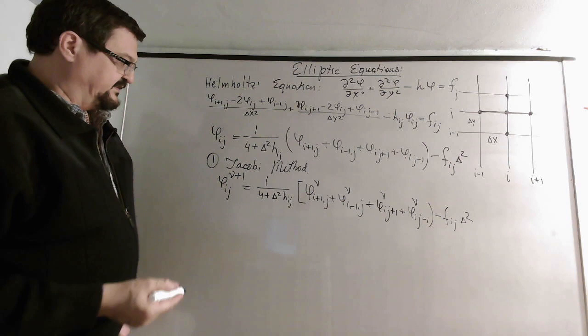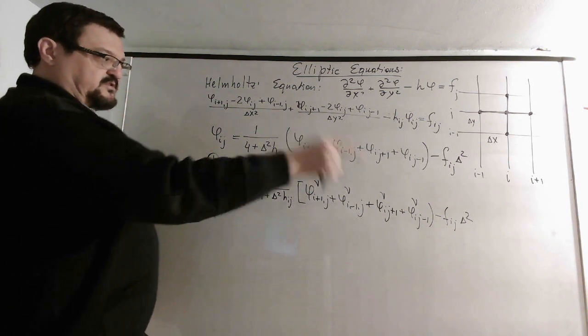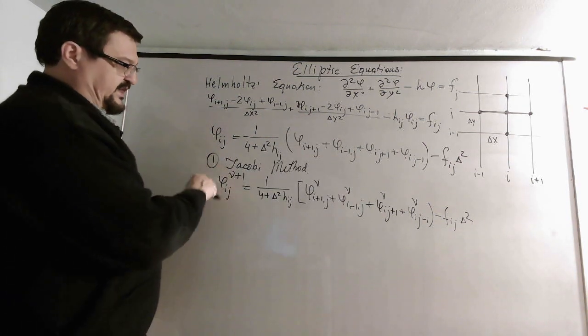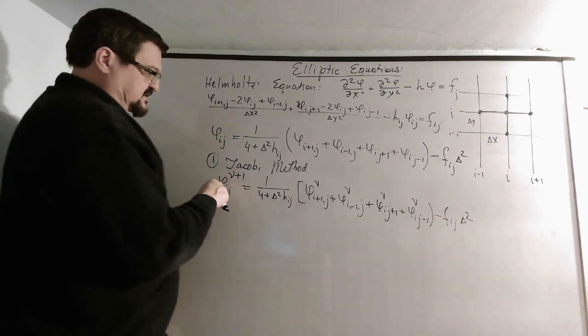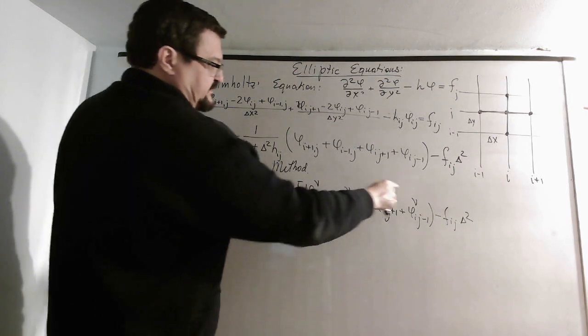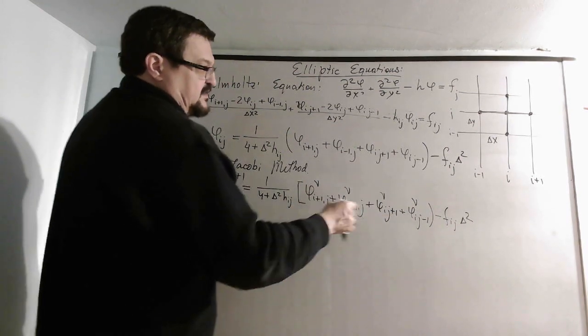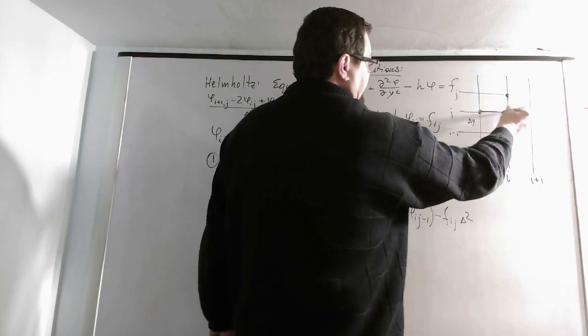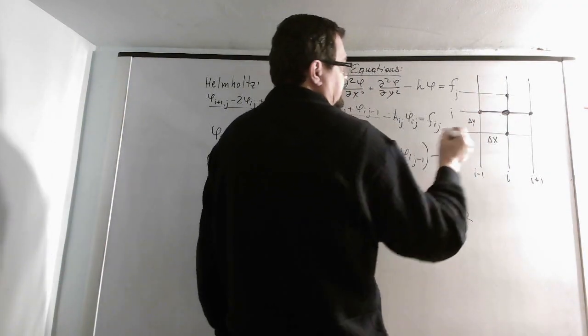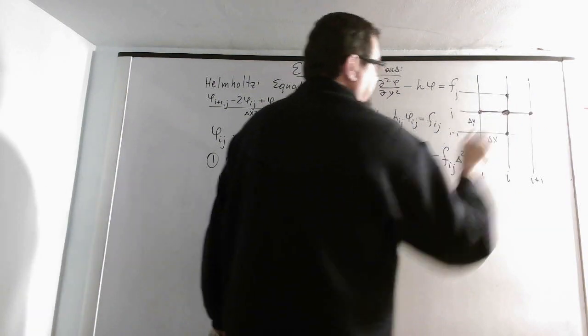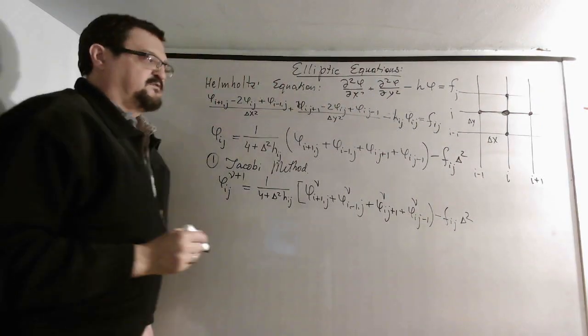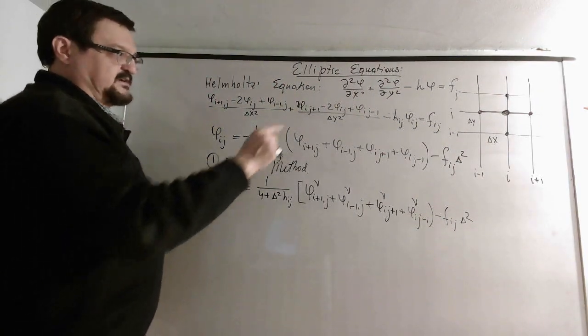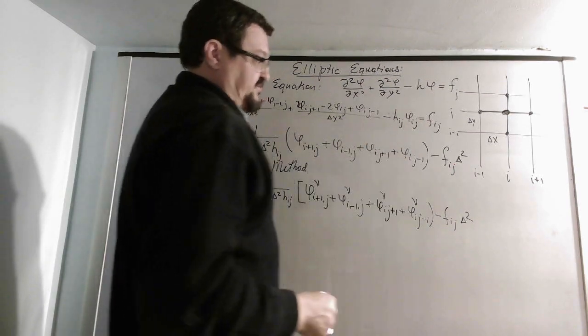So very straightforward. You just go through your array, and the value here you evaluate as the next iteration, and you use all these 4 values around it that you computed already in the previous iteration.